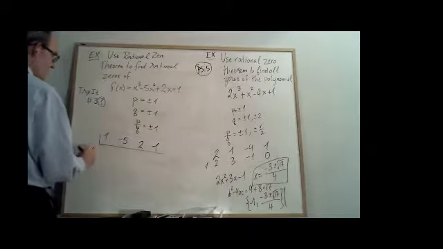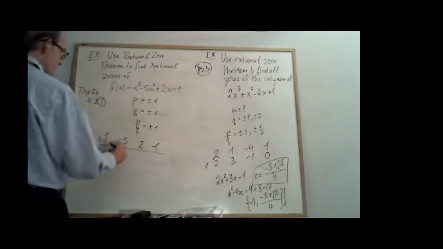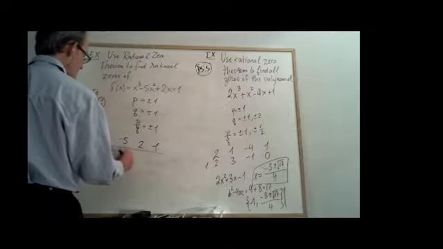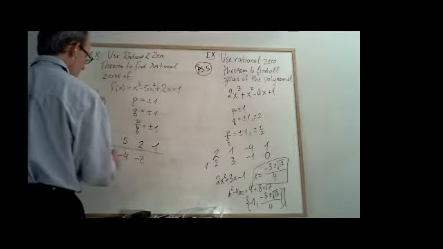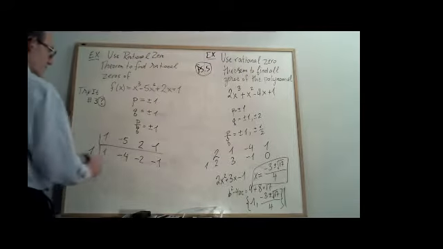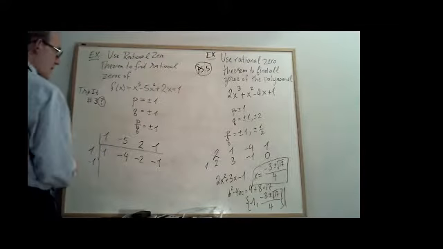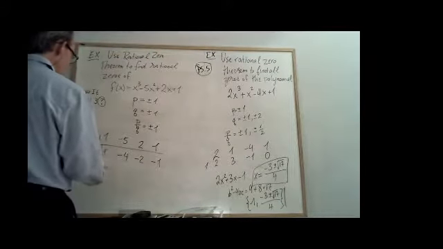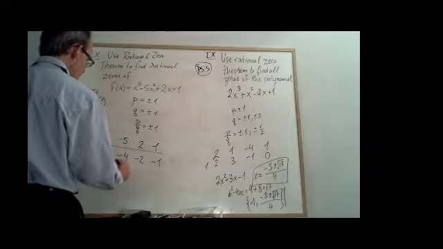So you try 1, carry down the 1, and you get 1 times 1 is 1, minus 5 is minus 4. Minus 4 plus 2 is minus 2. Minus 2 plus 1 is minus 1. That's not 0, so that's not a root. Then you try minus 1, and you get 1 times minus 1 plus 1, minus 5 is minus 6.